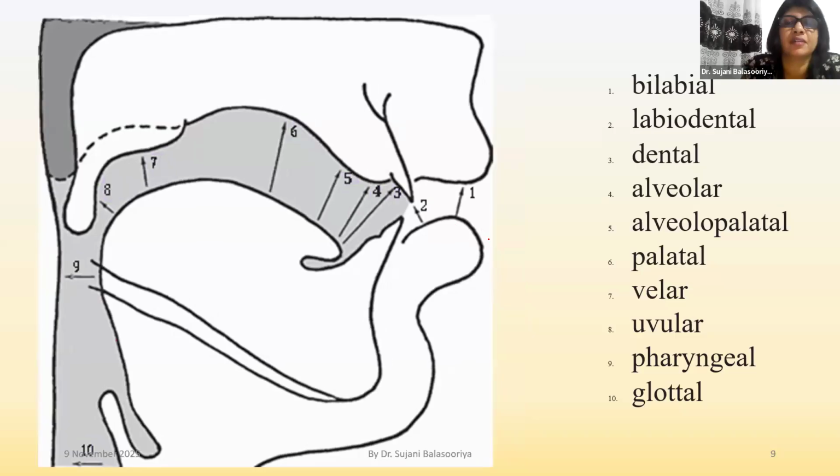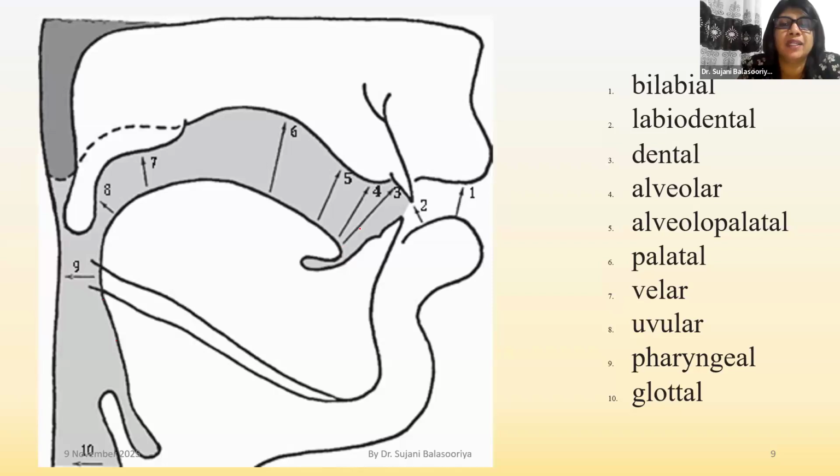Okay, check the markings. Here the numbers are visible, right? In this image, you can find the numbers and simply you can check. So number 1, bilabial, 2 lips are involved. Number 2, labiodental, upper teeth and lower lip. And number 3, dental.